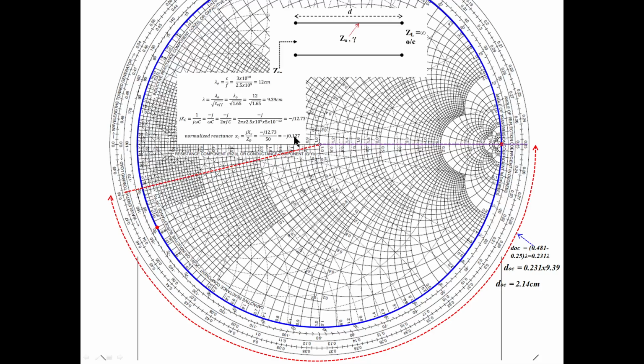0.127 is a little bit beyond 0.1, and here it may be 0.2. I took this approximately. One division here from 0.1, so 0.127 means it is somewhere here.